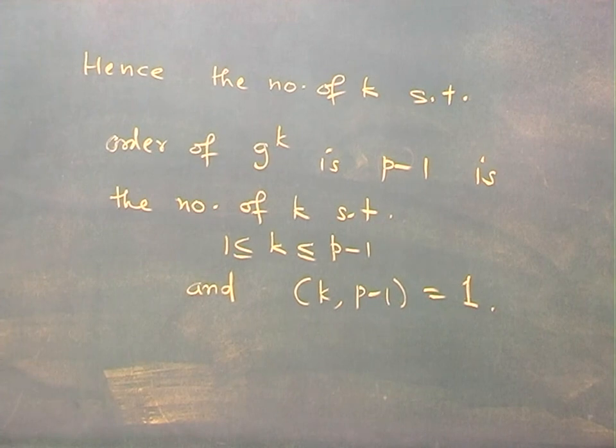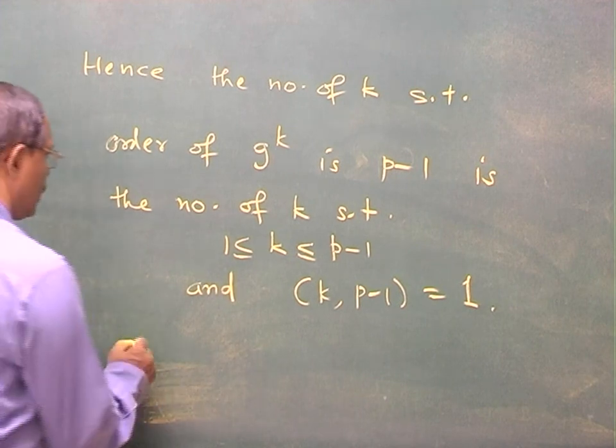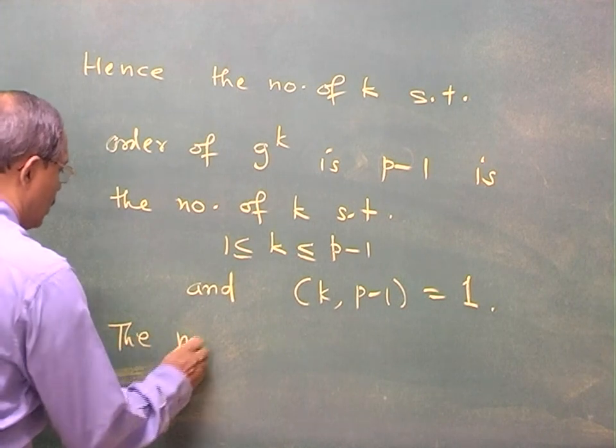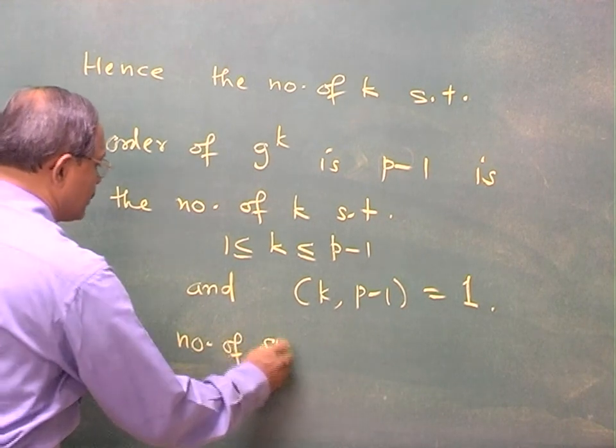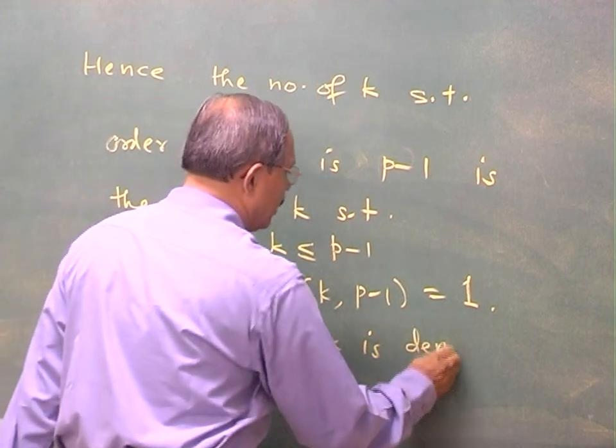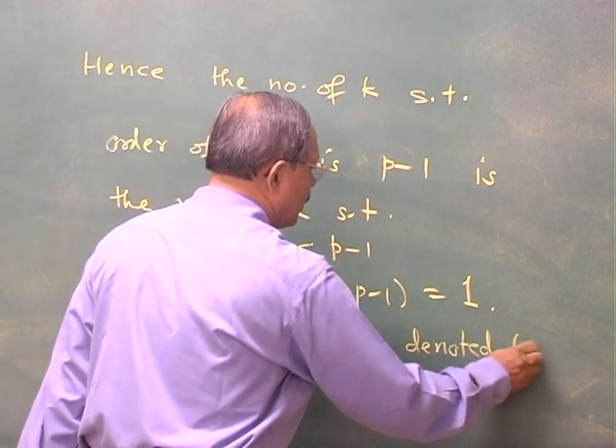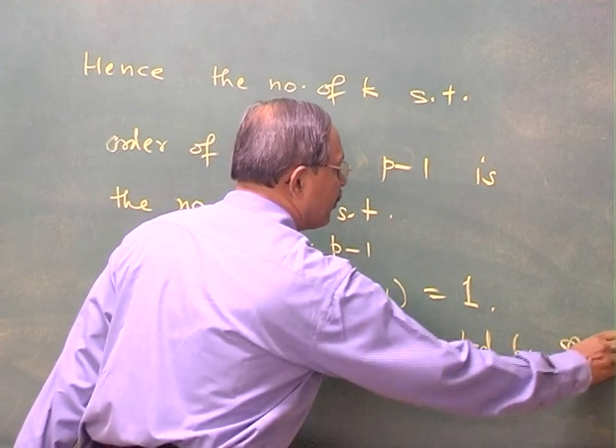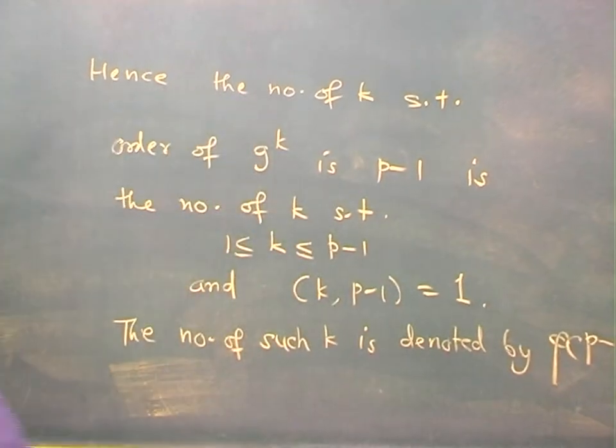How many k are there? The number of such k is denoted by phi of p minus 1.